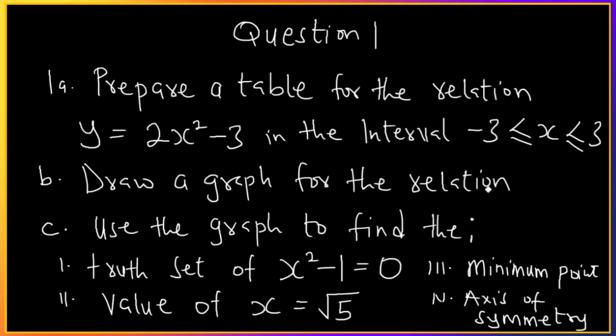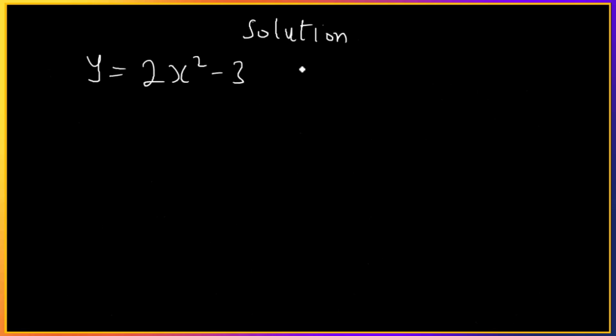So the values of x given was with the interval. So these are the values of x: negative 3 less than or equal to x less than or equal to 3.